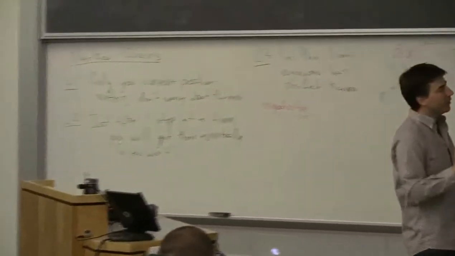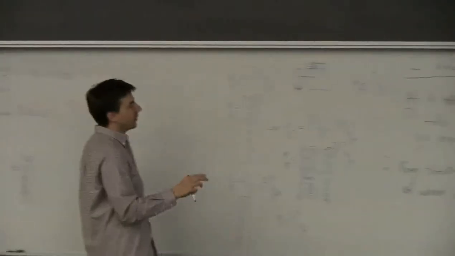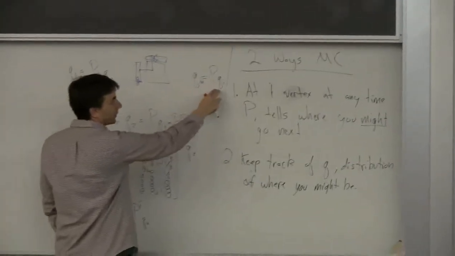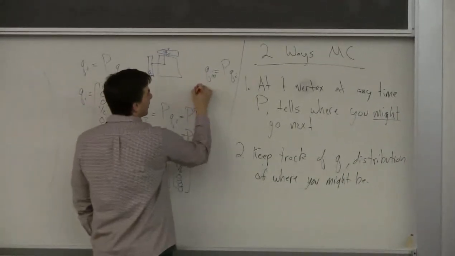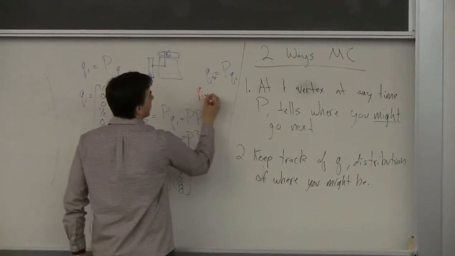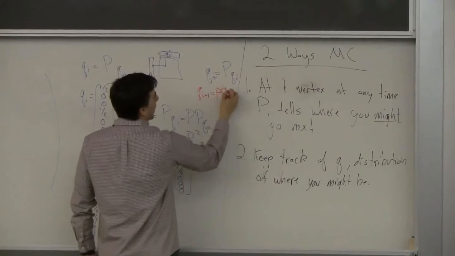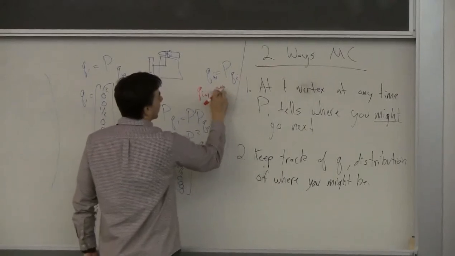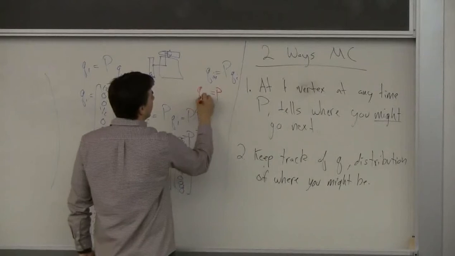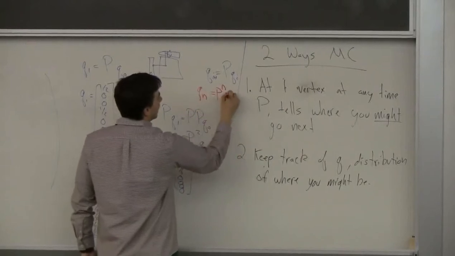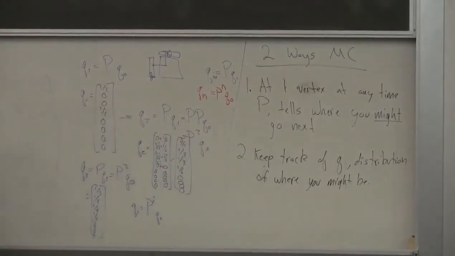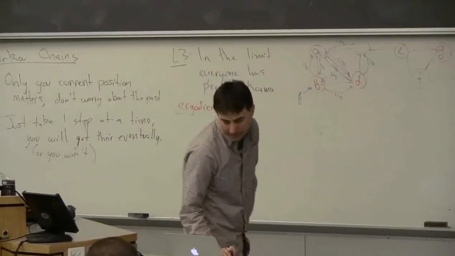What this means is that if I look at this view where Qi plus 1 is equal to P times Qi, I can now also write this as Qn is equal to P to the power n times Q0. So now we can define Qn, which is this probability distribution after n steps.